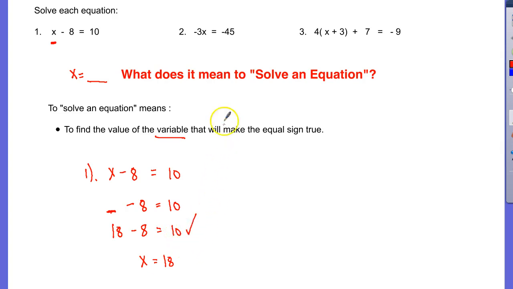But sometimes it can be complicated like this, like negative 3 times what number equals negative 45? Or it can be even more complicated like this: 4 times the quantity x plus 3 plus 7 equals negative 9. So you can't really do mental math over here. So today, what we're going to learn is how to solve an equation algebraically, meaning you want to apply mathematical steps to solve the equation.